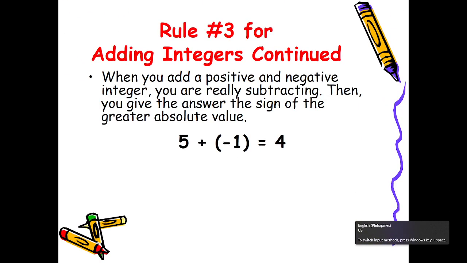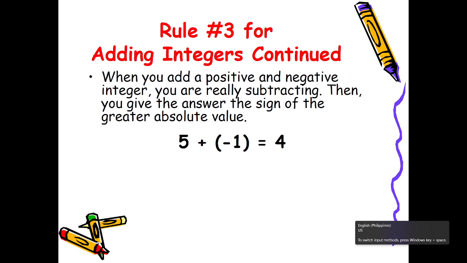Now, when we add a positive and a negative number, what we're going to do is we subtract the numbers. We just ignore the signs, we just simply subtract the numbers, and our answer, after subtracting, will copy the sign of the number with the greater absolute value, meaning the number which is farther from 0.